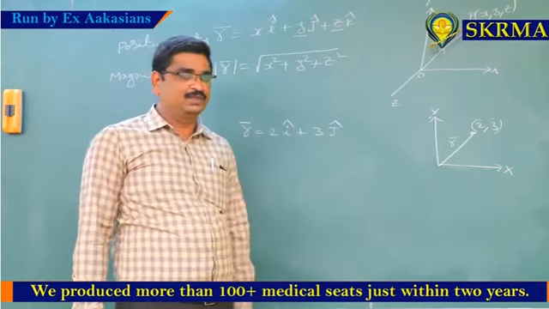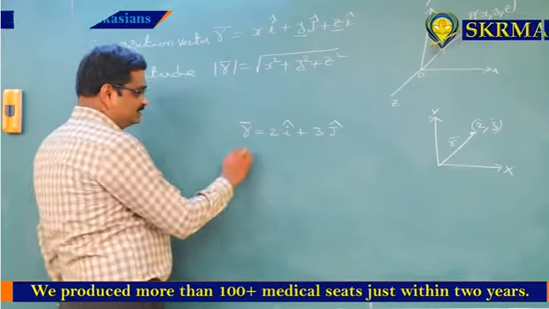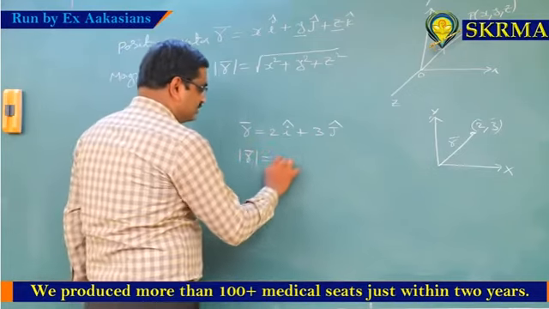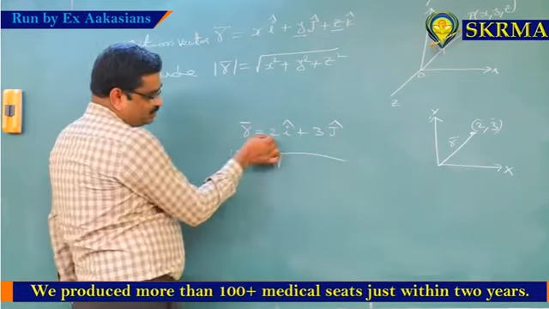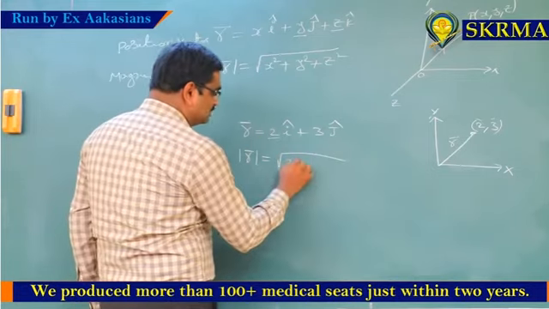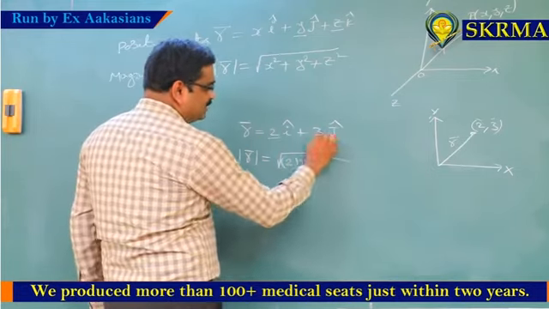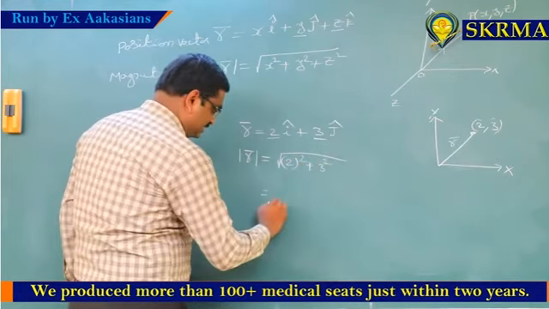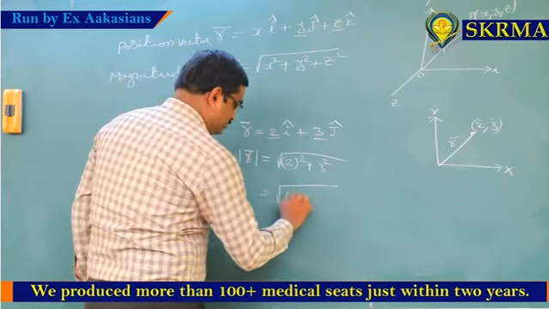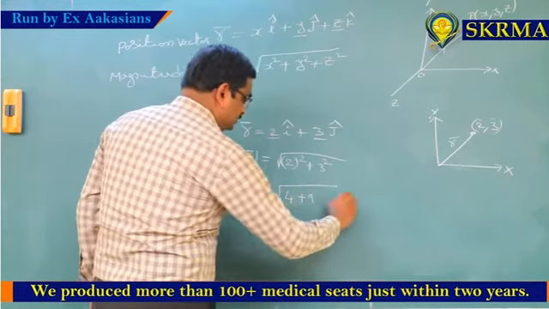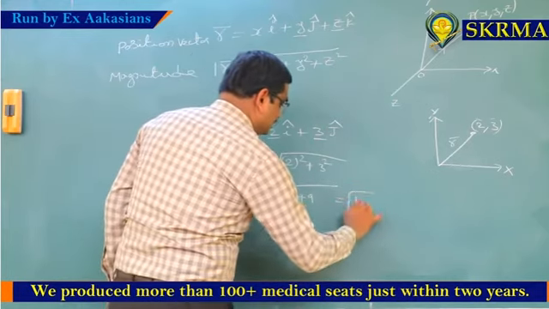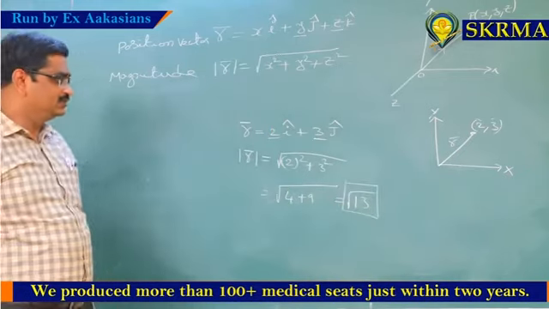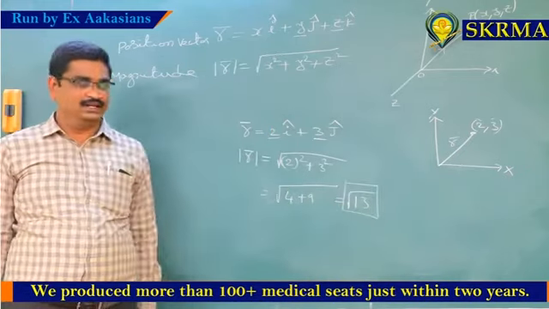Now the magnitude or modulus of this vector is square root of 2 whole square plus 3 whole square, which is square root of 4 plus 9. So root 13 is the magnitude of the vector.